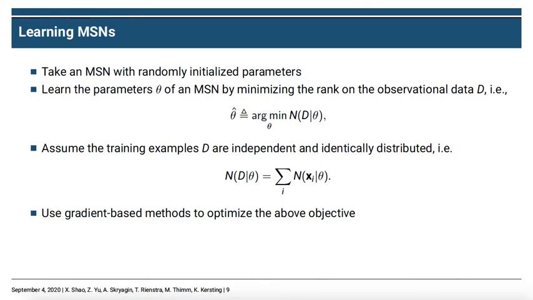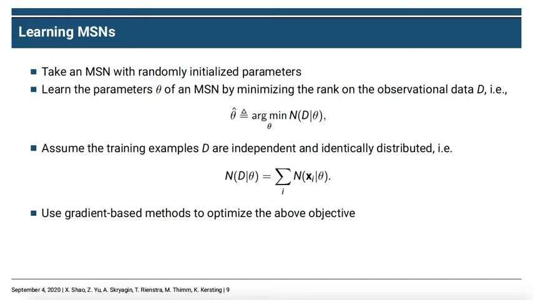And we make the assumption that all the training examples are independent and identically distributed. Then the overall rank of the observed data under the assumed MSN structure equals the summation of the ranks of each instance in the training examples. So this is the rule of factorization in ranking world, if you recall.